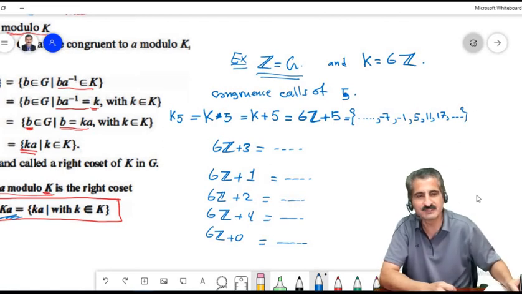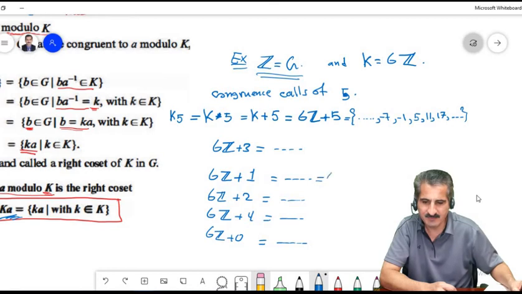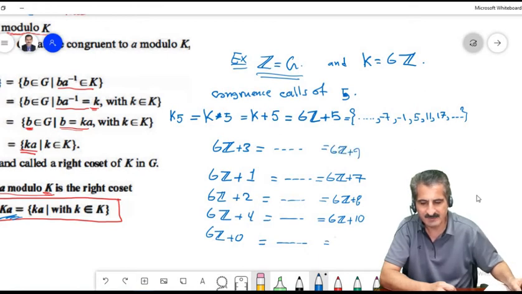Which one of them is it? We have learned that this is the congruence class of 7, this is of 8, this is of 10, this is of 9, this is of 6, and this one is the congruence class of 11, or of -1.